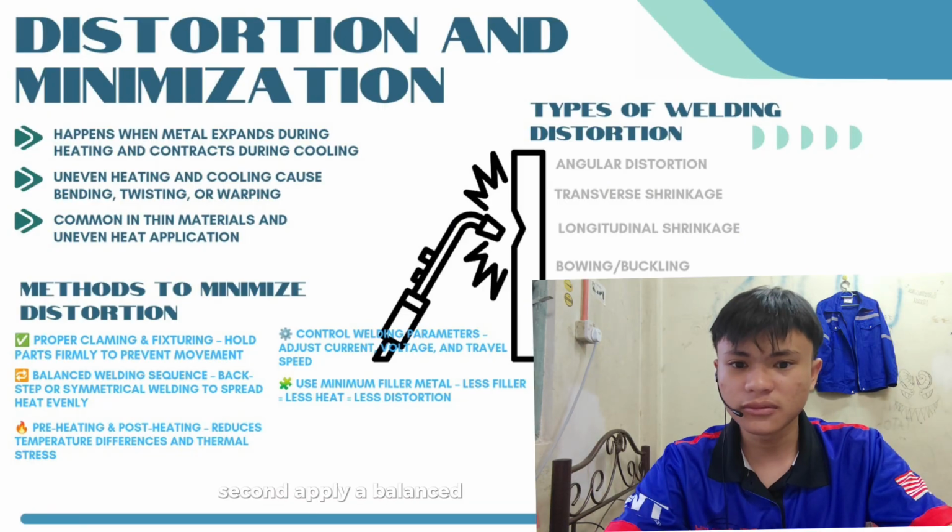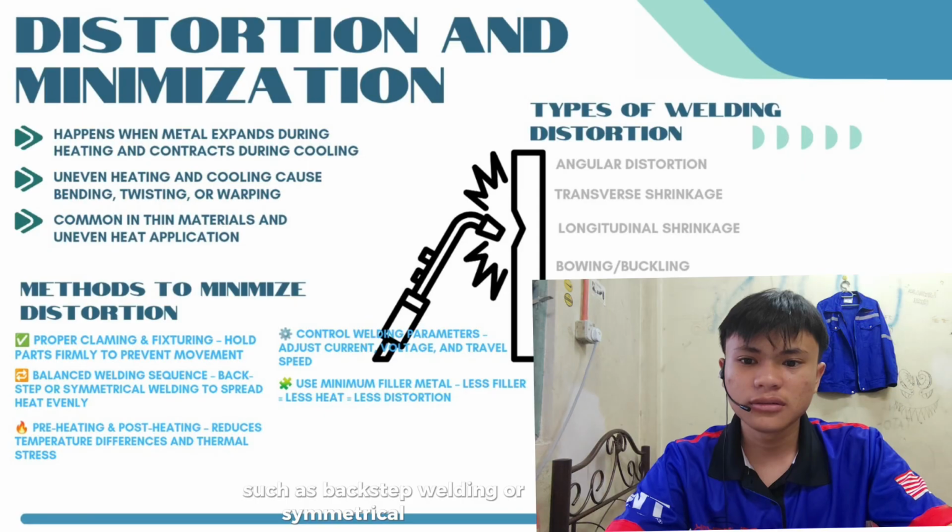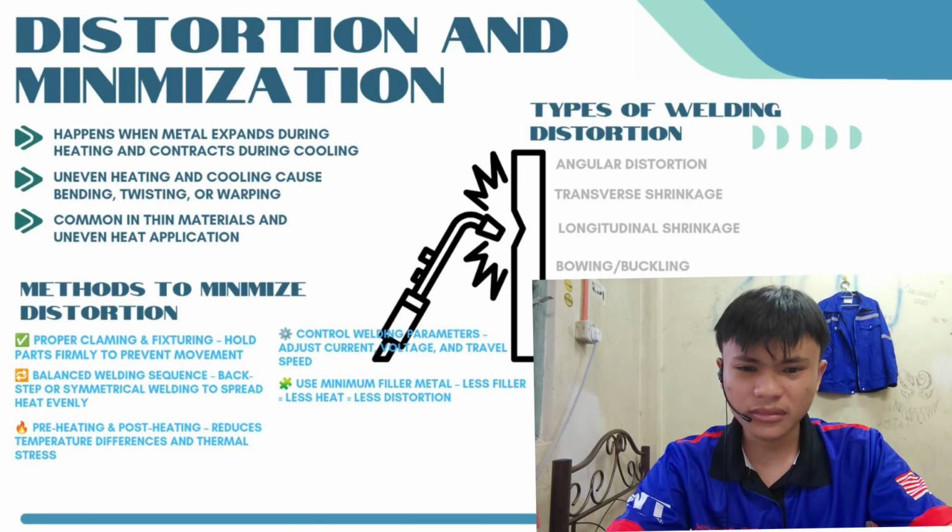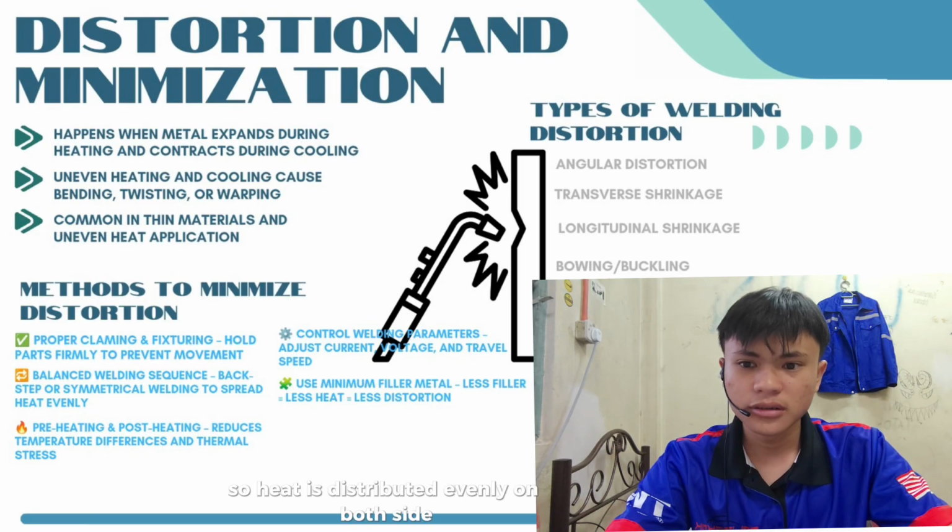Second, apply a balanced welding sequence such as backstep welding or symmetrical welding to ensure the heat is distributed evenly on both sides. Third, preheating and post-heating techniques can be used to reduce the temperature difference between the weld area and the base metal, which helps minimize thermal stress.